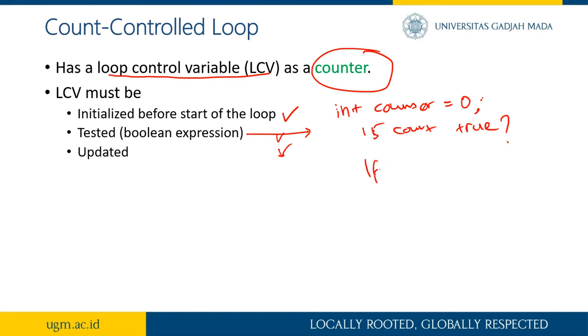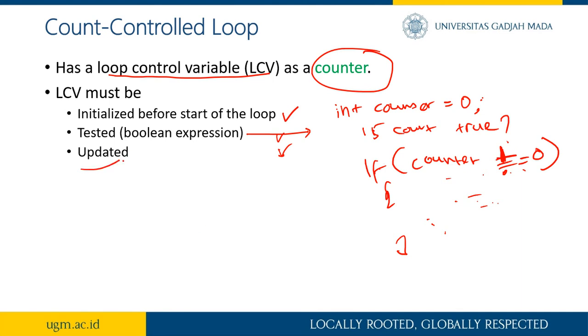So like this one, if counter is 0, this is false, so we can go with not 0. If counter is not 0, then do something here. If counter is still true, then do something here, or if counter is false, do something here. It's possible, depending on the approach or the algorithm that you use.